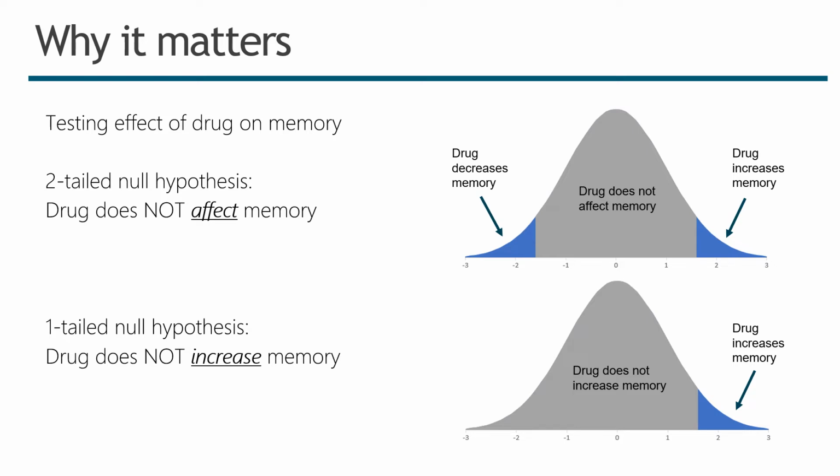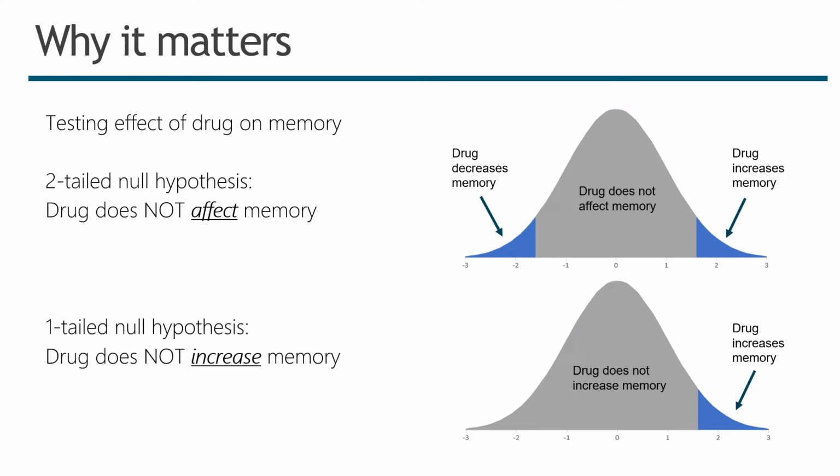However, in a one-tailed null hypothesis experiment, specifically testing the hypothesis that the drug does not increase memory, the p-value is set up to find evidence in just one tail. It's trying to find if there's sufficient evidence to conclude that the drug increases memory scores.